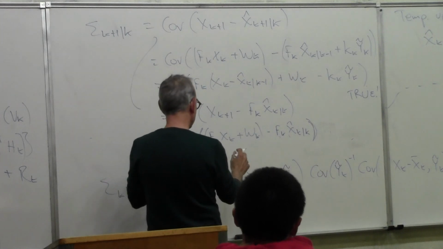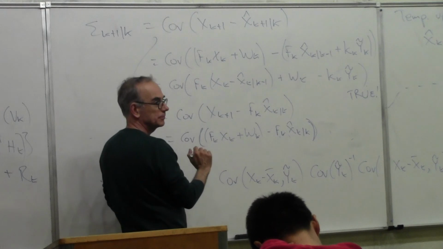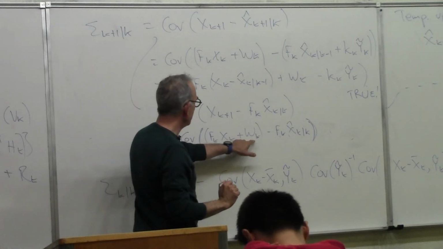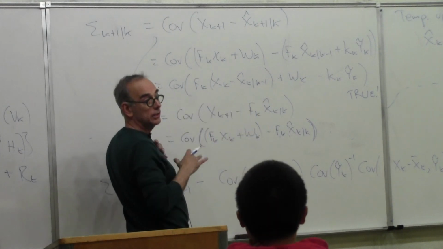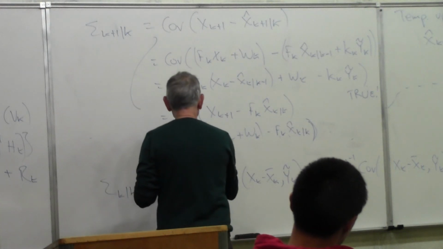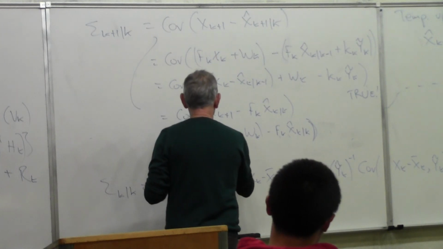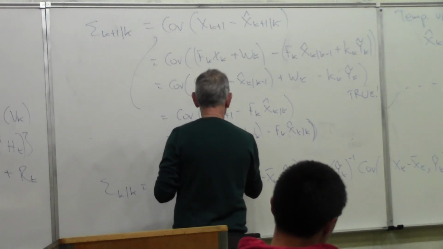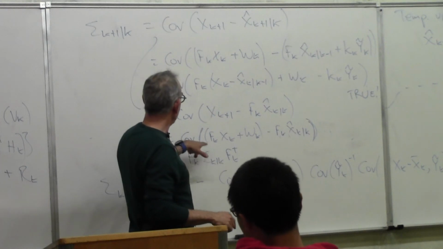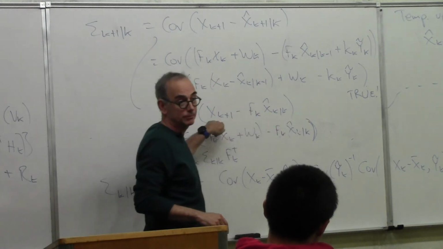So I'm going to get an F_k times the error, and then the w_k's are orthogonal to everything in sight. So I'm going to get F_k Σ_{k|k} F_k transpose. That's what's going to happen when I look at the covariance of F_k times the error.